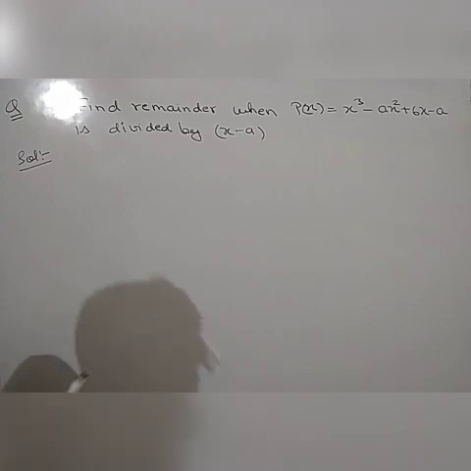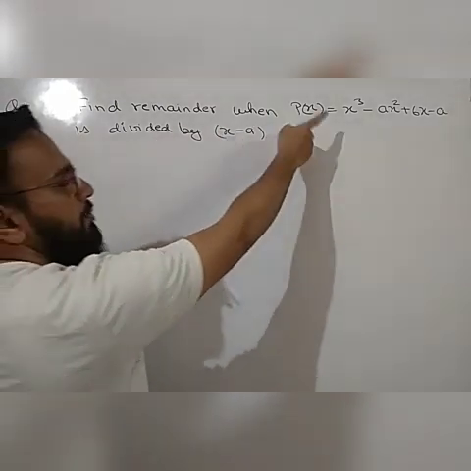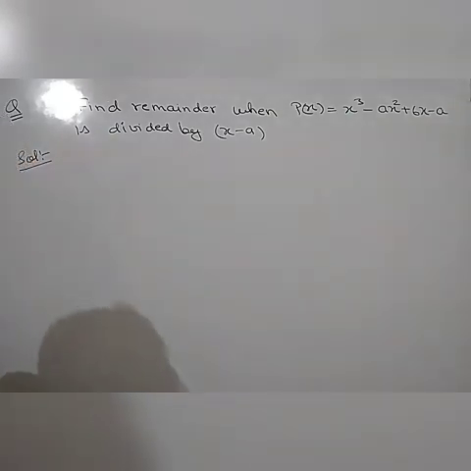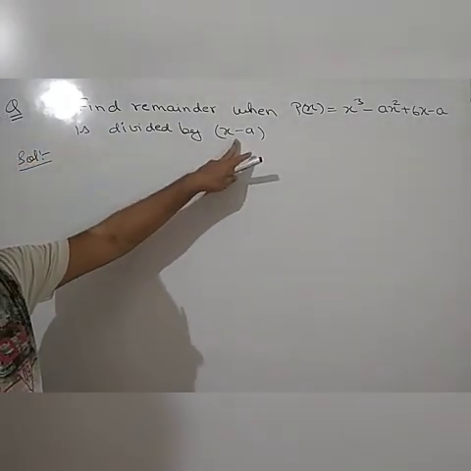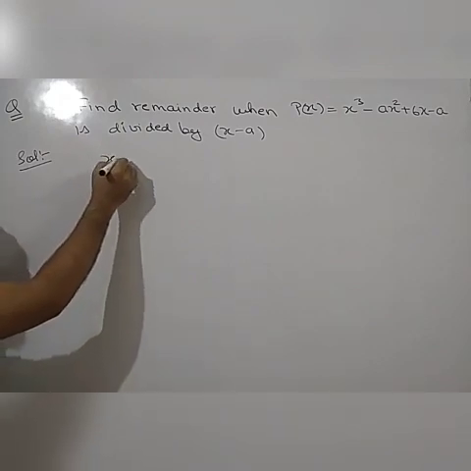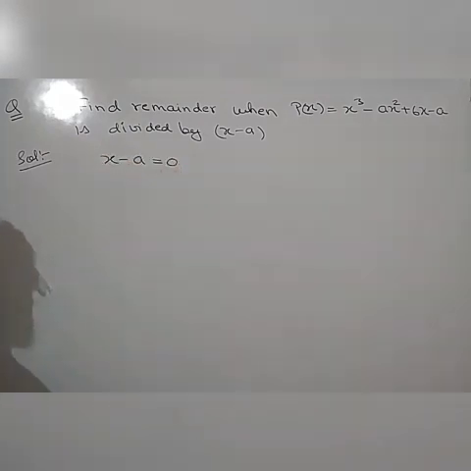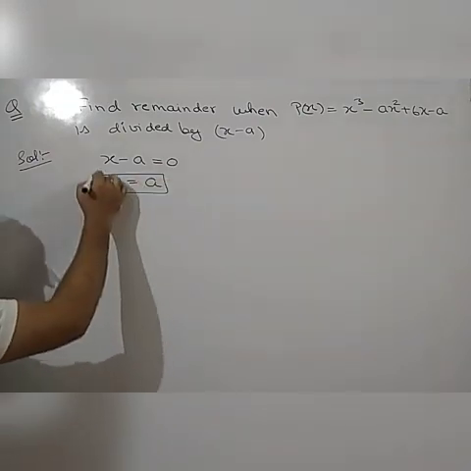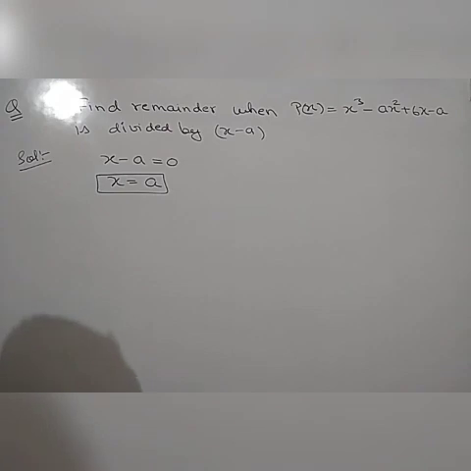So we know that the given polynomial is divided by the polynomial x minus a. It means first we have to put this polynomial equal to 0. So we get x minus a is equal to 0, and the value of x will be equal to a.